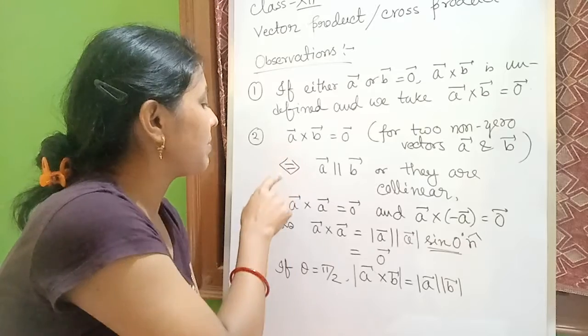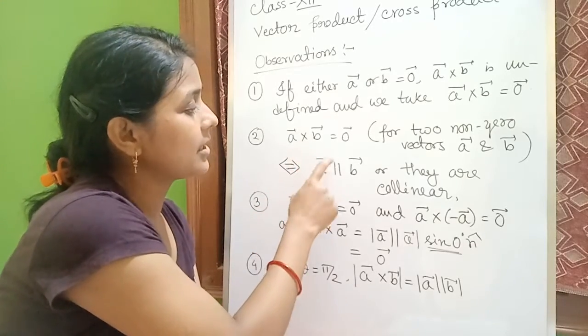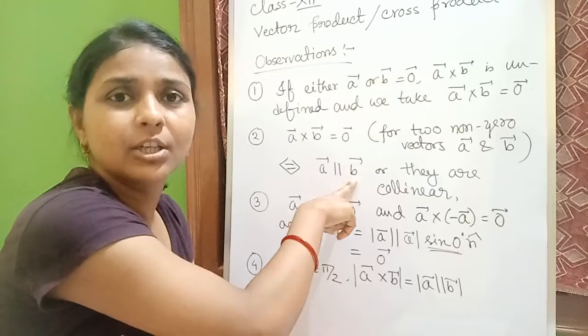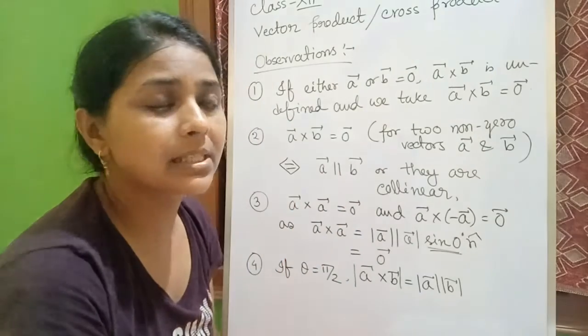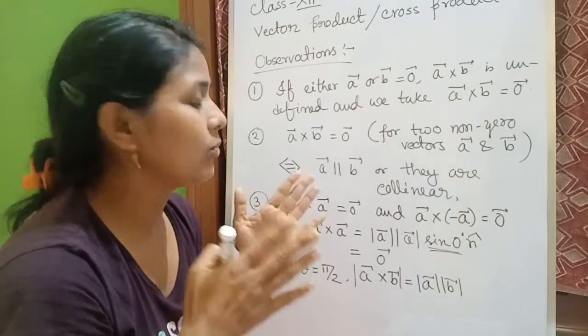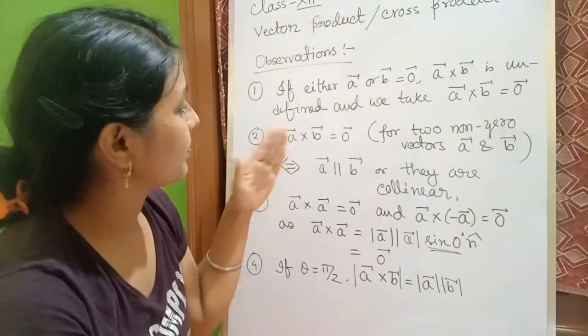Then this implies, and is implied by, A vector being parallel to B vector, or they are collinear. That means they can be on one line or they are simply parallel to each other.